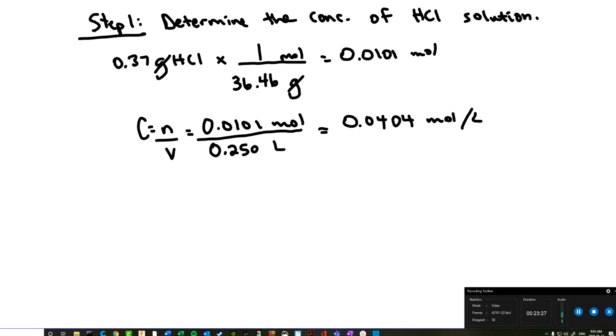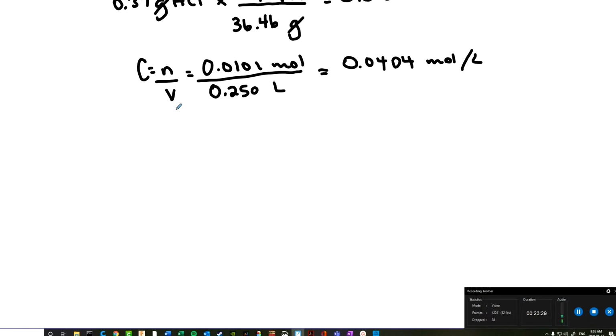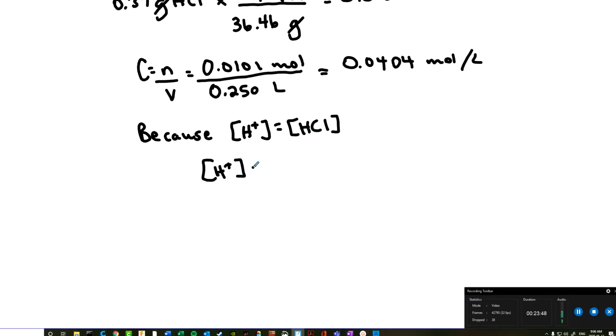Now we know that the concentration of H plus ions in solution is equal to the concentration of the HCl. So the H plus ion concentration is what we just calculated.